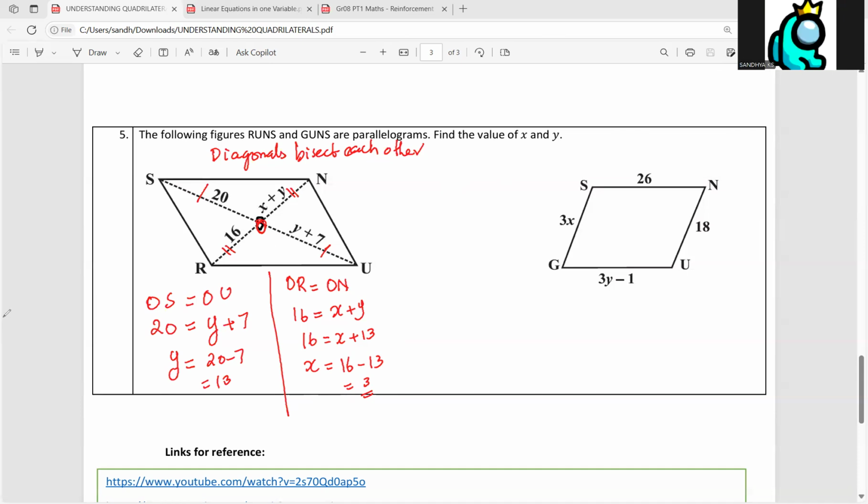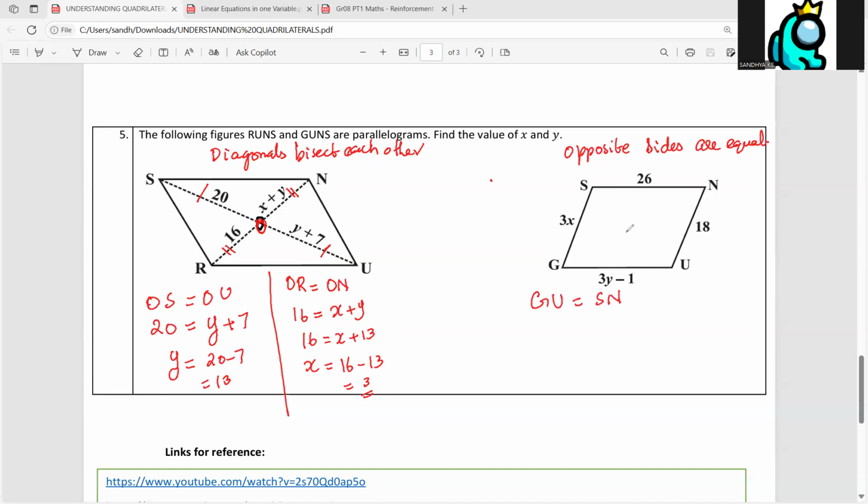Next, also properties of parallelogram, in the next figure, because this is also a parallelogram. So here which property are we using? Opposite sides are equal. We are using that property. So here what are the opposite sides? GU and SN.